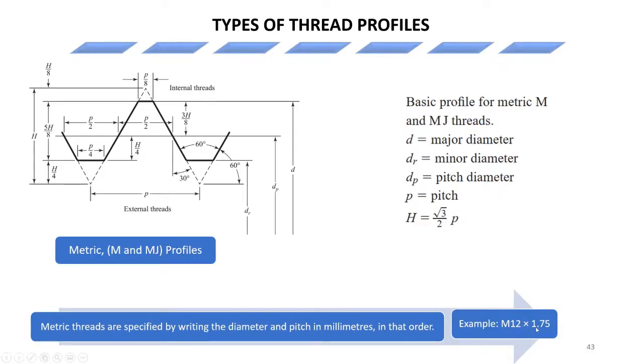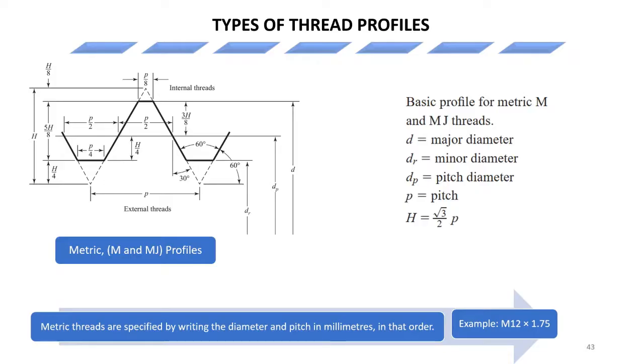And then by 1.75, this 1.75 indicates the pitch for the thread. So in this particular case, we have a thread of major diameter 12 millimeters and the pitch is 1.75, and this is a metric thread. The M shows that it is a metric thread, and the dimensions are given in millimeters.